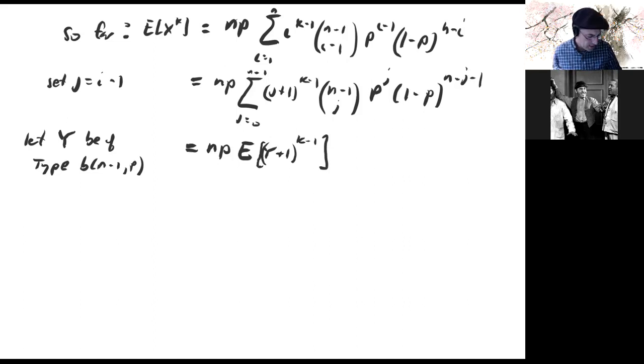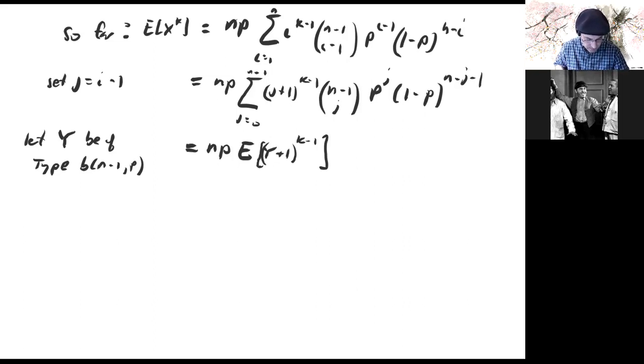So what we get is the following identity. The expected value of x to the k is np times the expected value of (y plus 1) to the k minus 1. So this is almost like an inductive formula. And I'm just going to take low values of k now in this formula.